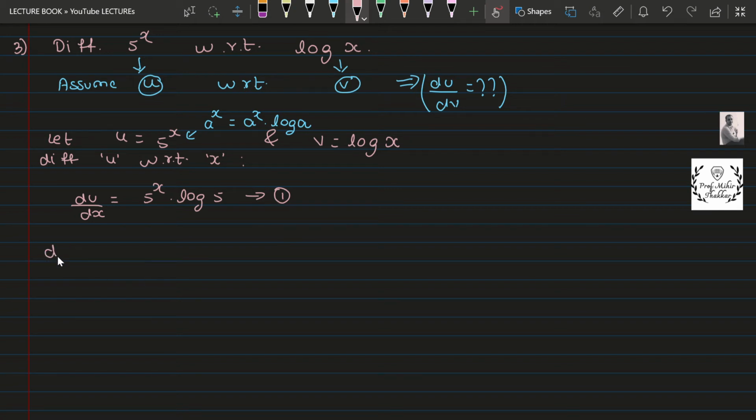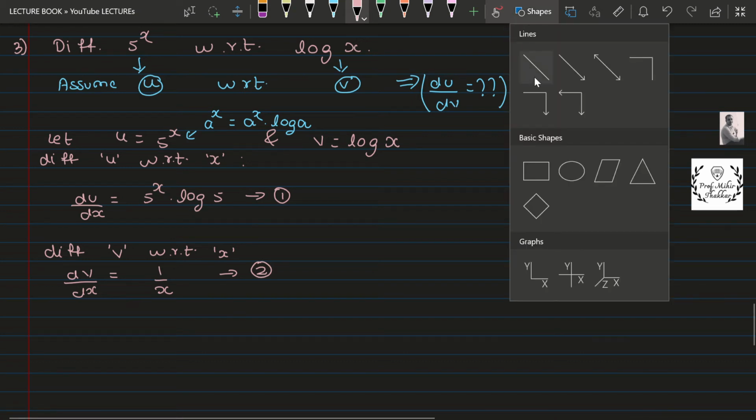Then I will say, differentiate v with respect to x. So I get dv upon dx. Derivative of log x is just 1 upon x. That is our equation 2.